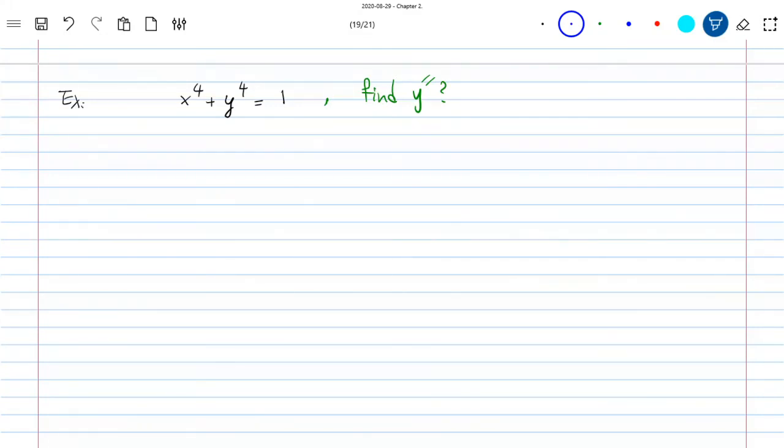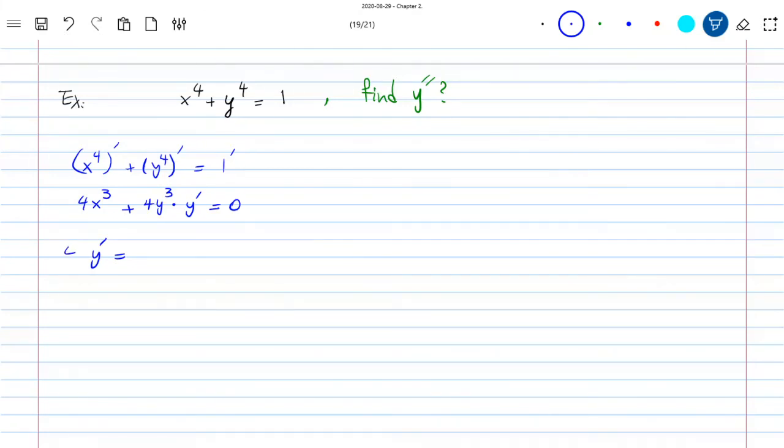So let's find the first derivative first. You'll have x to the fourth derivative plus y to the fourth derivative equals 1 derivative. X to the fourth derivative is 4x cubed plus y to the fourth derivative is 4y cubed multiplied by the derivative of y, y prime, equals 0. So what is y prime? You can move these terms to the other side.